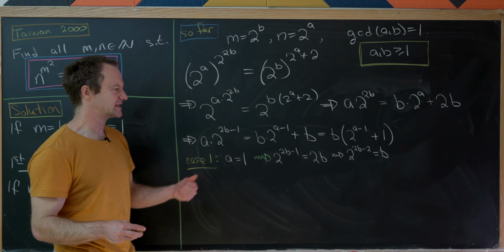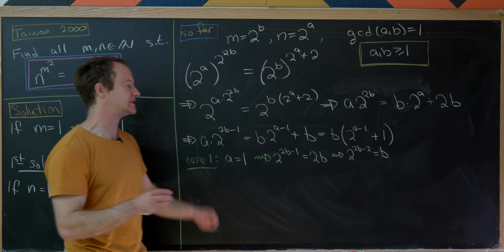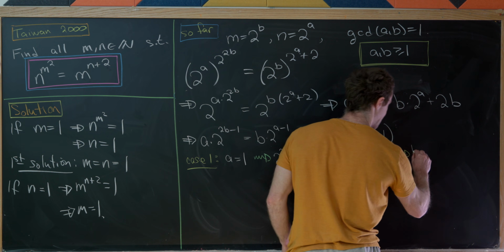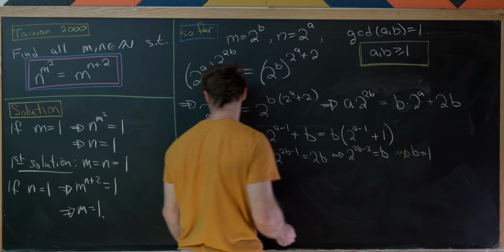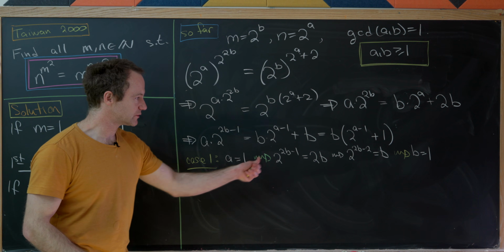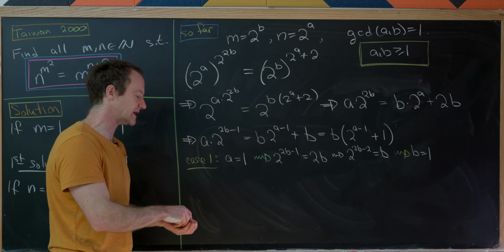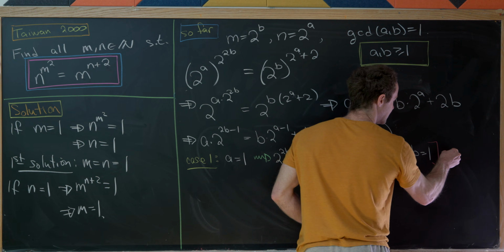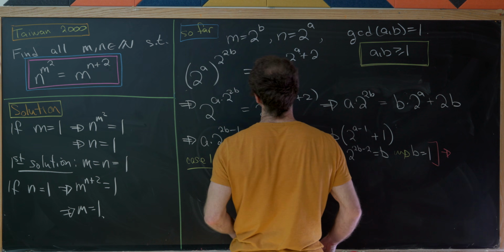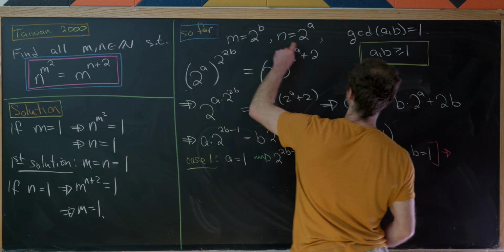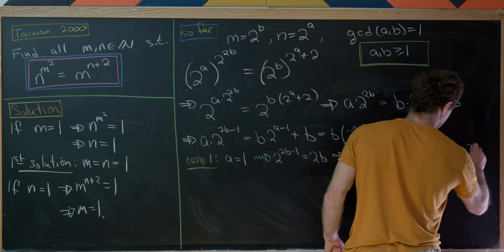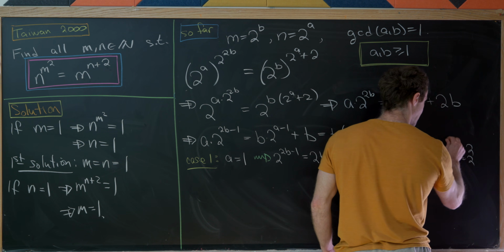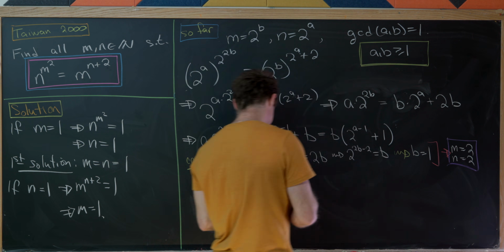And in fact, it's quote unquote easy to check that this has a single solution, which will be the case when b is equal to 1. So if a is equal to 1, then b also must be equal to 1. But that gives us our second solution. So we'll have m is equal to 2 and n is also equal to 2. Great. Which means we should move on to the next case.